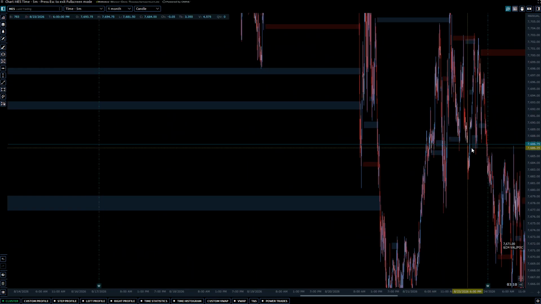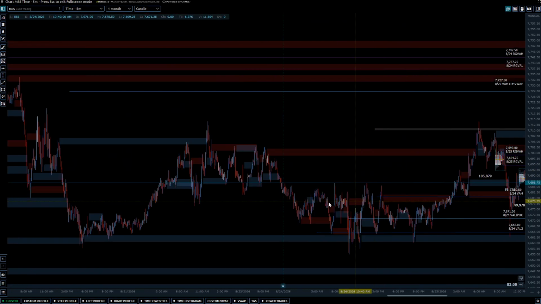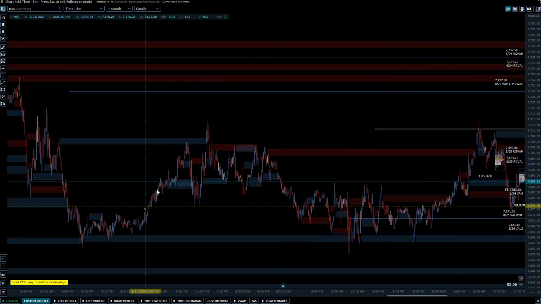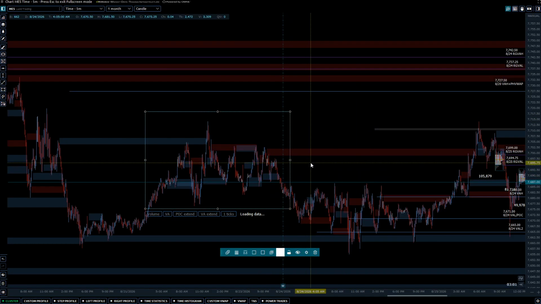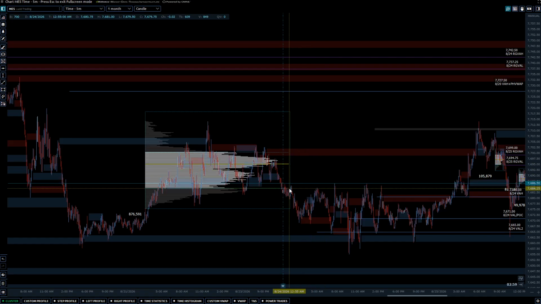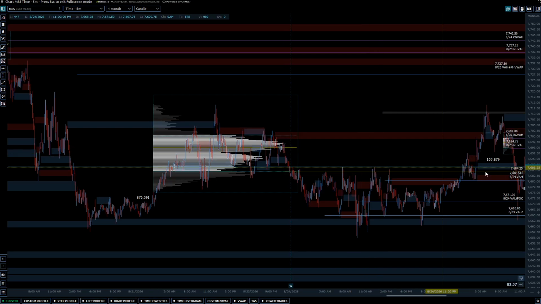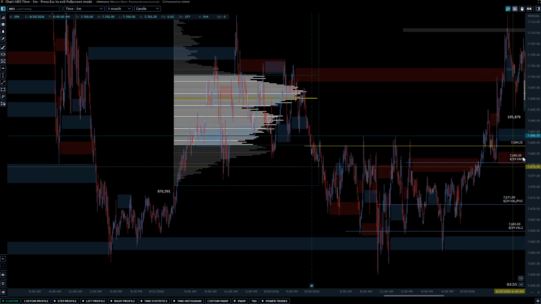Straight to get this upper range right here that we had. If I take that, there you go. Value area low of that.